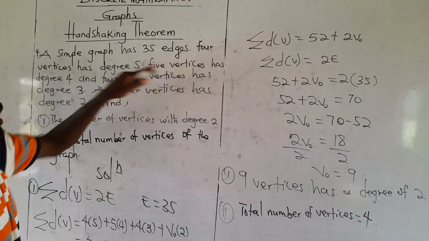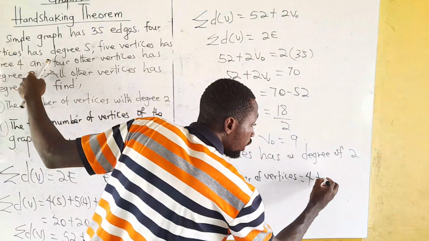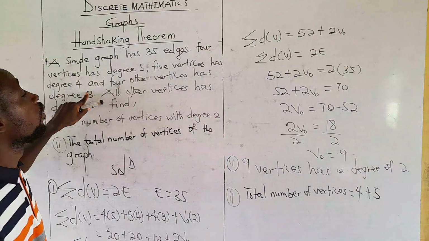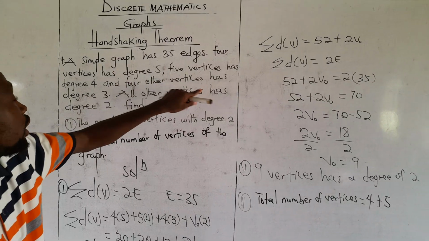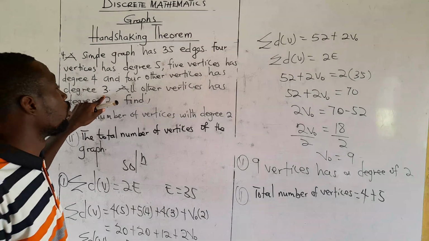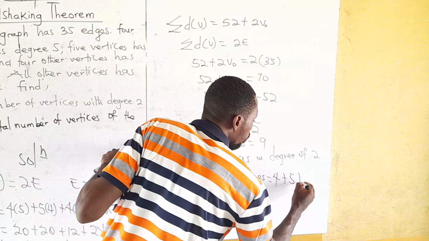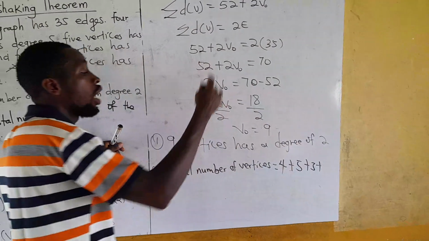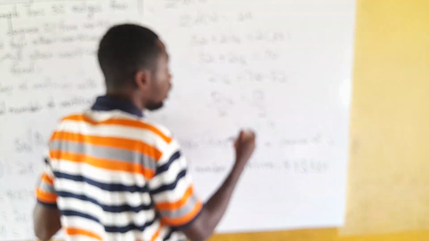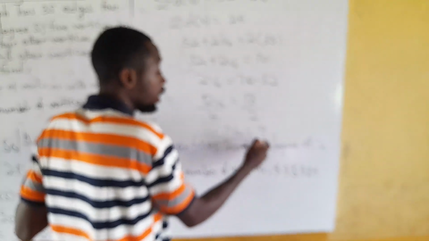Then 5 vertices have a degree of 4, we know that we have 5 vertices there. Then they say 4 other vertices have a degree of 3, that means we have 4 vertices there, so plus 4. Then all other vertices have a degree of 2, and that all other vertices is 9, so we add 9 to it.